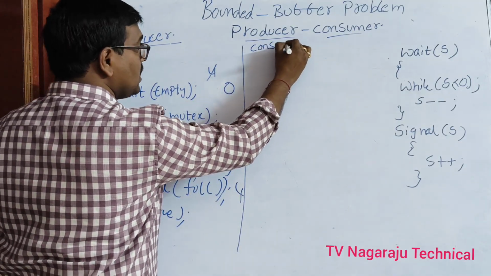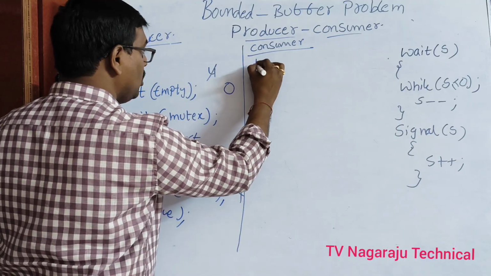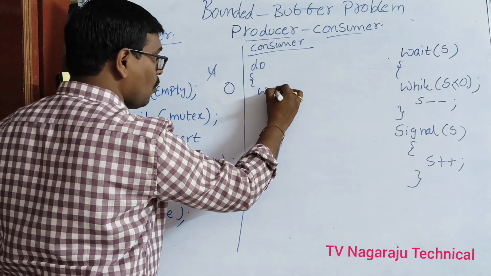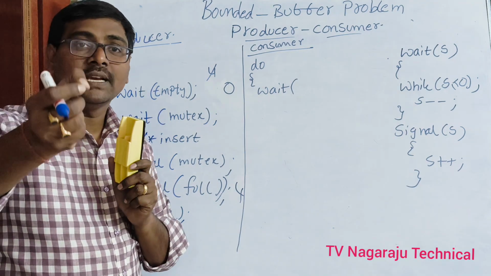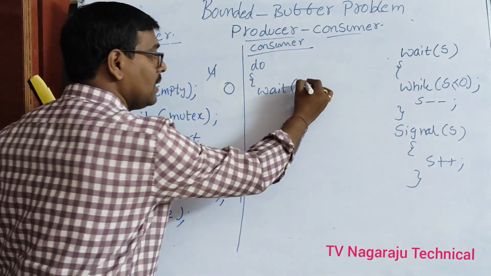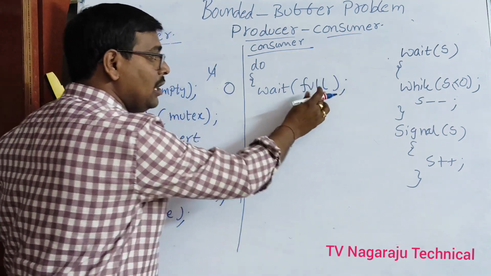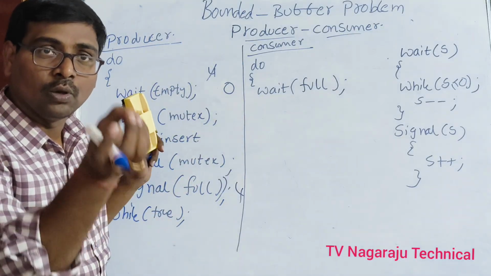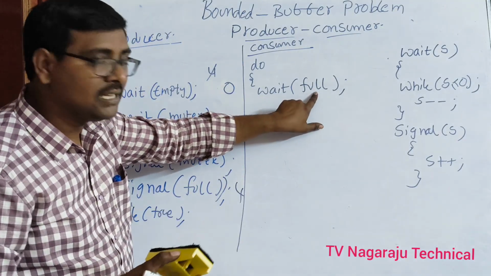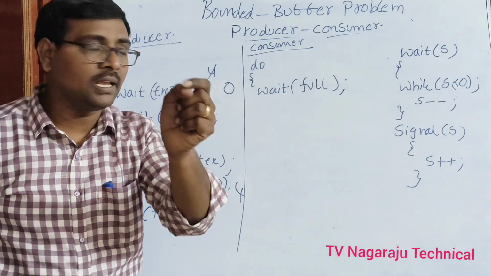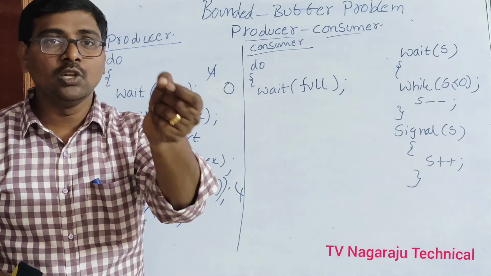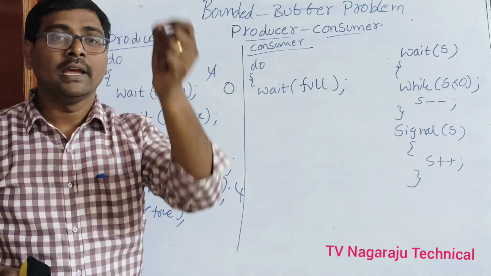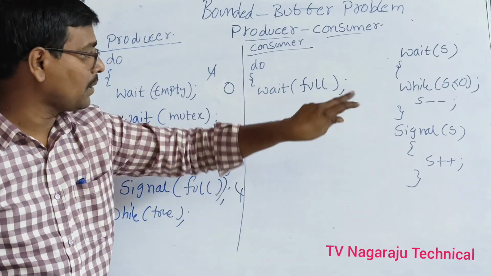Exactly. The consumer is the reverse one. The logic for the consumer is: first, while consuming, you need to check the value of full. Yes or no? If the full value is greater than 0, perform the operation, because wait is used to test. Otherwise, do not perform the operation.